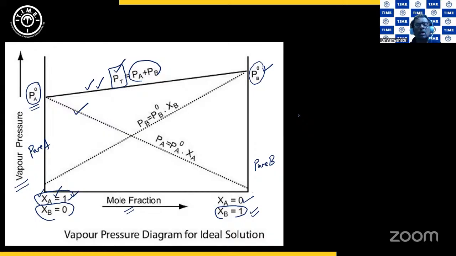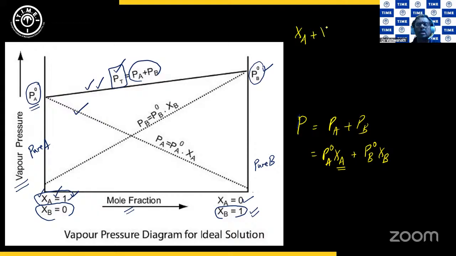So in Raoult's law, we had written P equals Pa plus Pb. That Pa is nothing but Pa naught into Xa, borrowing the idea from Dalton's law. And Pb will be Pb naught into Xb. Now what I'm going to do is remove this Xa and replace it. What is Xa plus Xb?